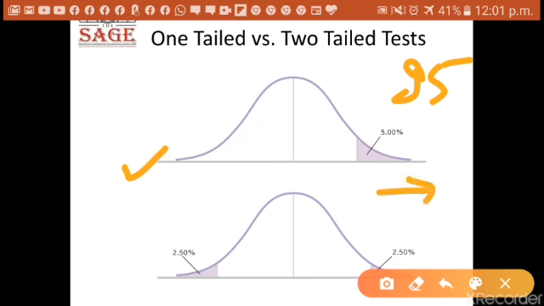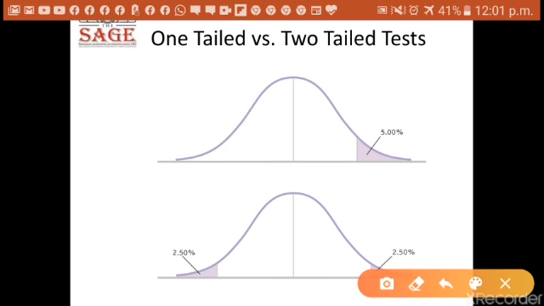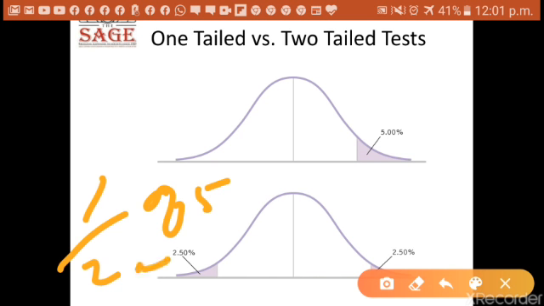In a two tail test, half of 5%, that is 2.5, will come on the left hand side and 2.5 will come on the right hand side. As you all know, this is your 0, so this is your negative and this is your positive side.